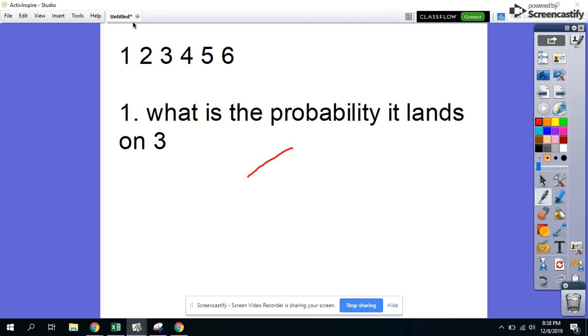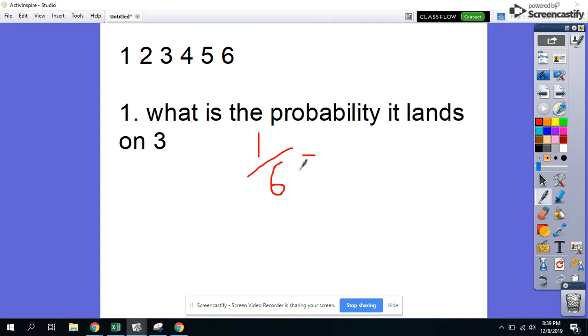You think how many possible ways when you roll the dice can it go, and there's 6 possible things it can land on. How many of them fit this? 1. So there's a 1 out of 6 chance that this works. Now, one thing I will say is sometimes you'll see this written as a decimal or a percent.